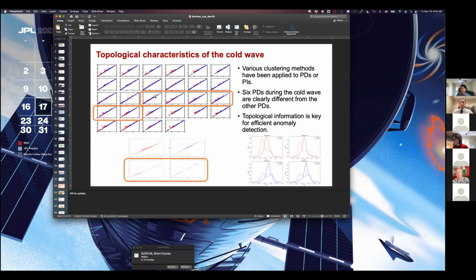So even the clustering algorithm really doesn't know that these patterns are from consecutive days. But our follow-up work is considering the time series and changes in the temporal domain by applying zigzag persistence.